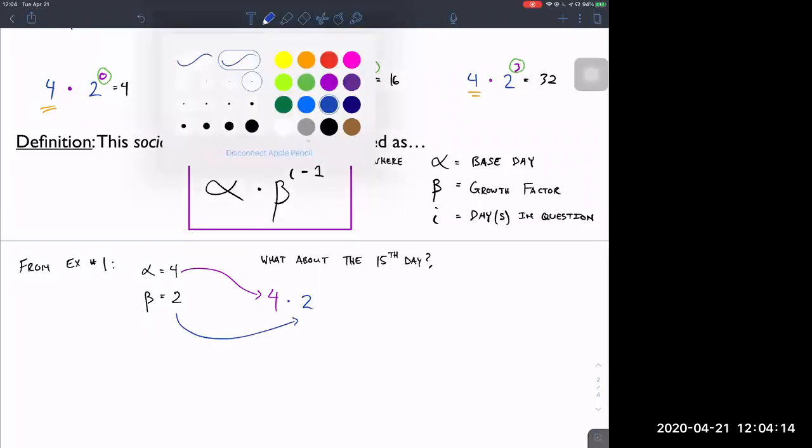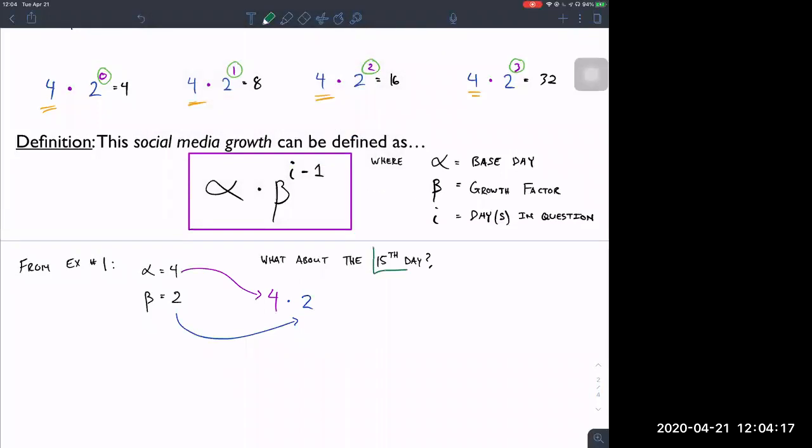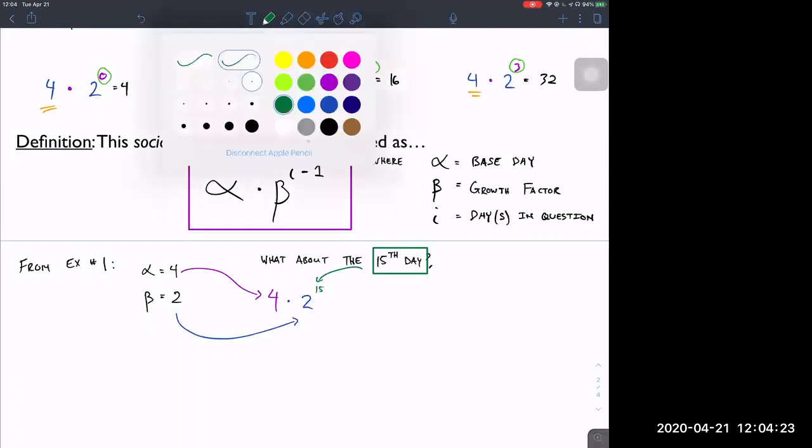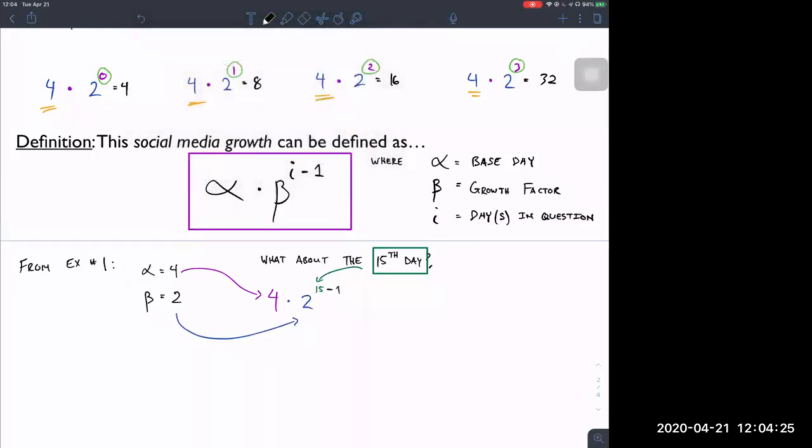And I asked for the 15th day, which means that you're going to go 2 raised to the 15 and then minus 1. So the minus 1 will be in every calculation there. It's only the I component that changes.